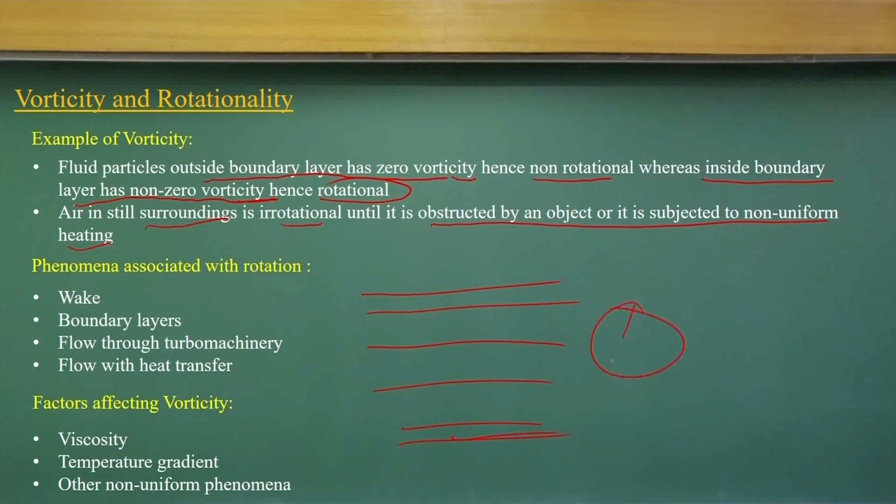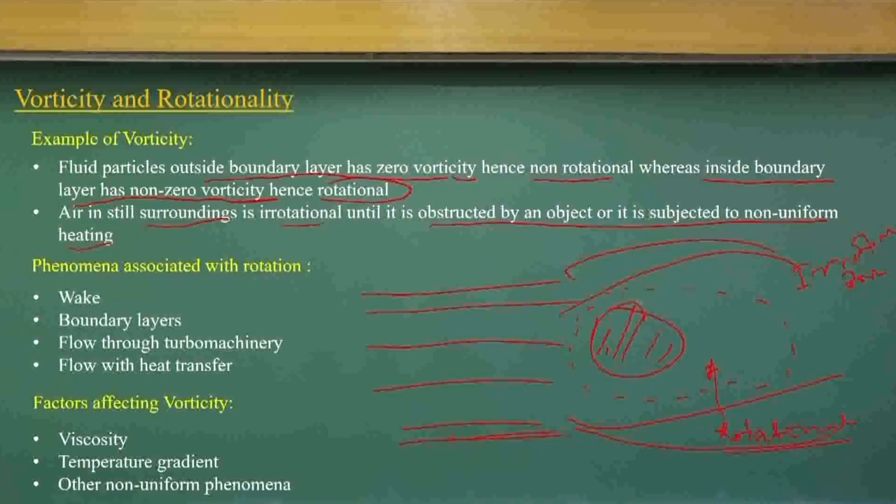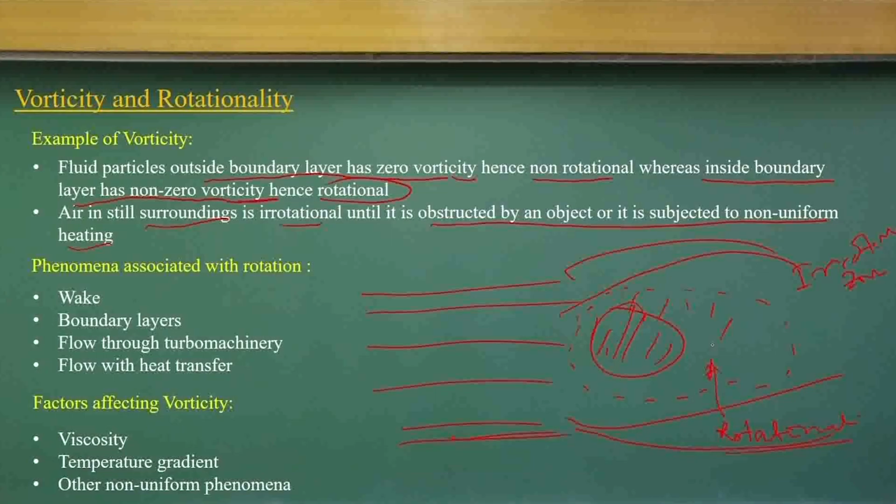But when you put in obstructions like a cylindrical object, very close to these regions we will have a lot of rotational activity, while the outside is an irrotational zone. Try to understand how this forms; this is what is called the boundary layers and the wake formations.